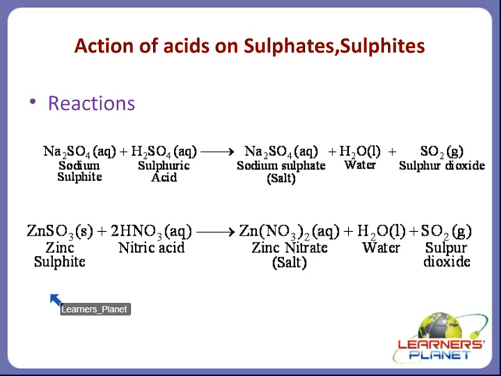Sodium sulfate is Na2SO4 and it gives you what type of ions in solution? It is giving twice Na plus and SO4 2 minus ions, right?